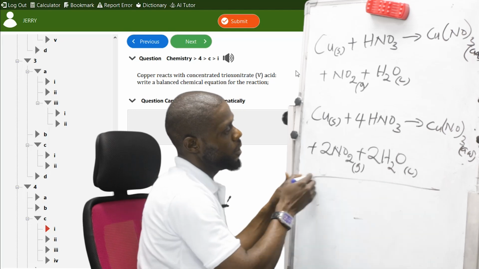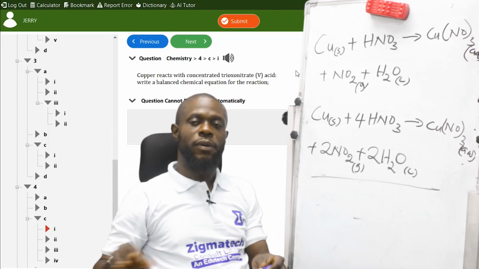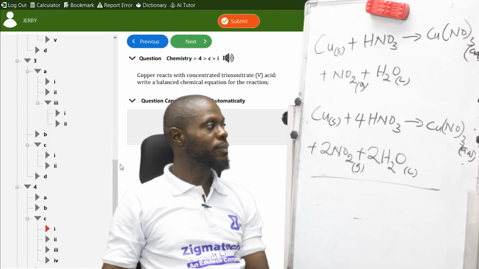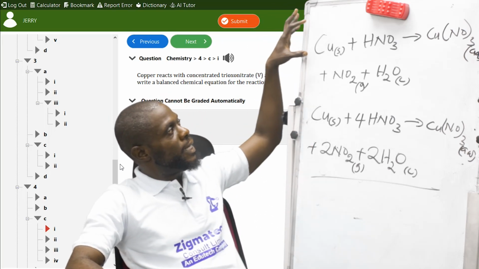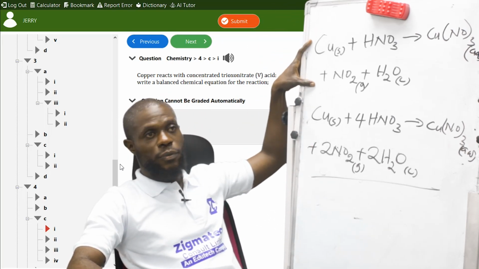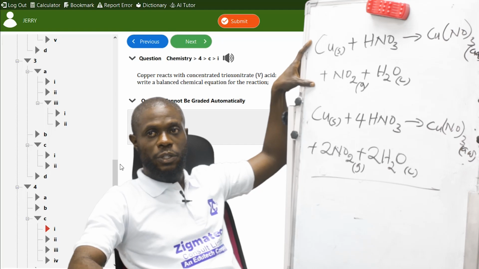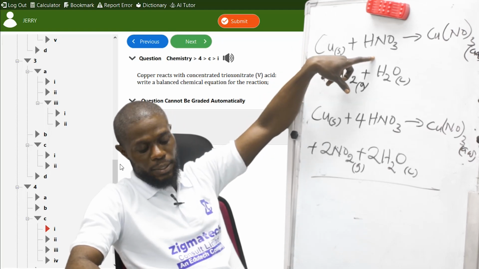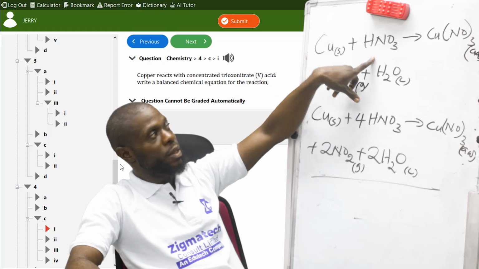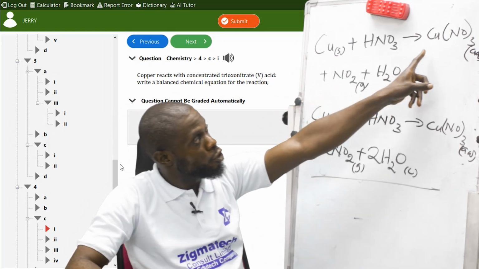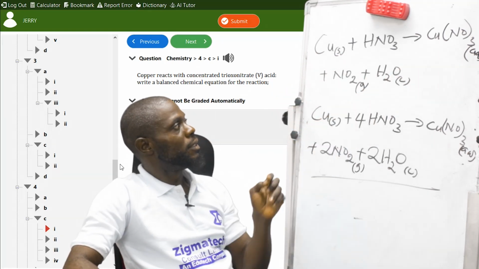This is a balanced equation for the question given to you. Because this is the equation. This is the question they gave to you. Copper and concentrated acid. All right, it's concentrated. Now it's going to produce this and this.